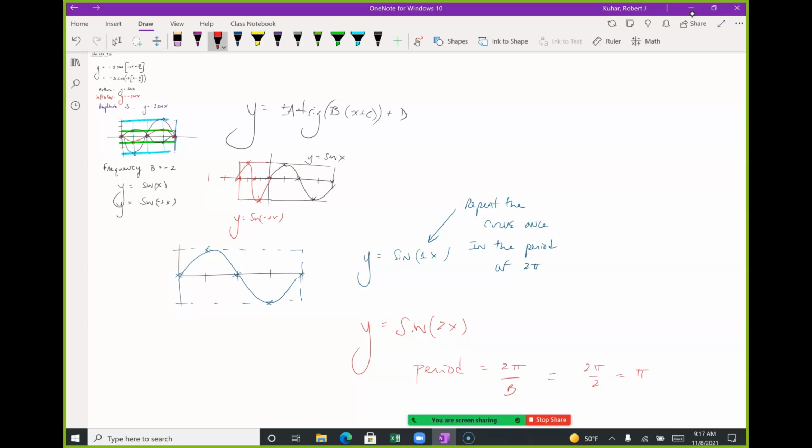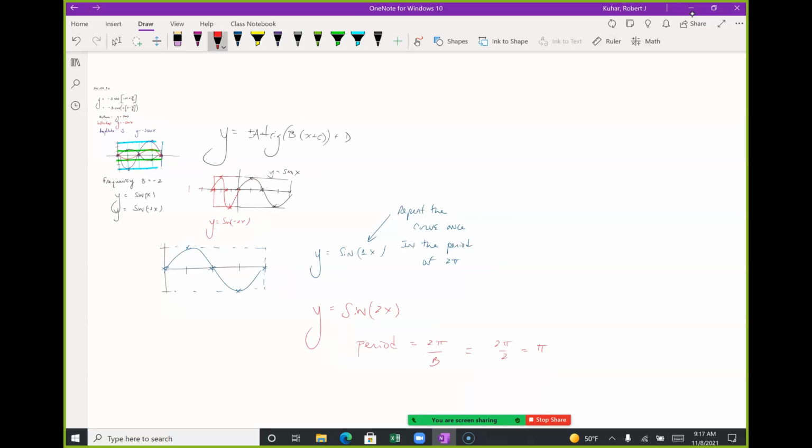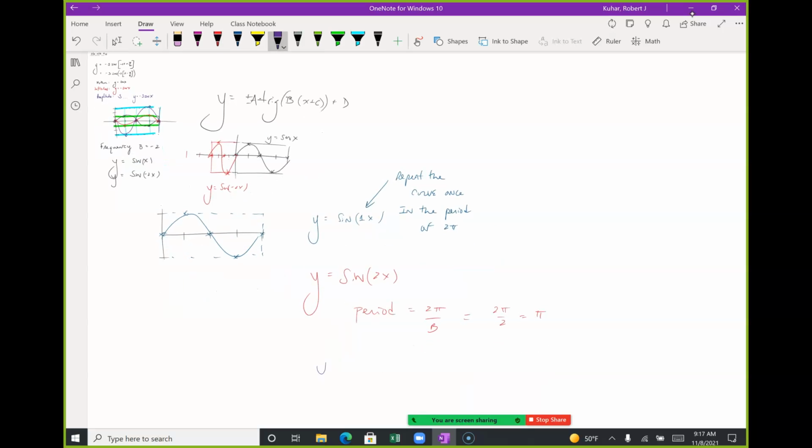That means when I get to 2 pi, I've got the curve twice. If I do y equals sine of x over 2, now b is 1/2, right? So 2 pi over 1/2 is 4 pi. It takes 4 pi time to get the whole curve, so it's stretched out, not compressed.